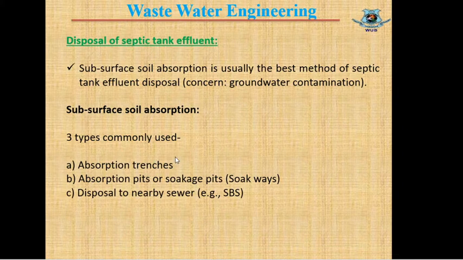Generally, there are three types of subsurface soil absorption. First one is absorption trenches, then second one is absorption pits or soakaway pits, and these are common in our countries. The last one is disposal to nearby sewerage systems, commonly known as the SBS system.